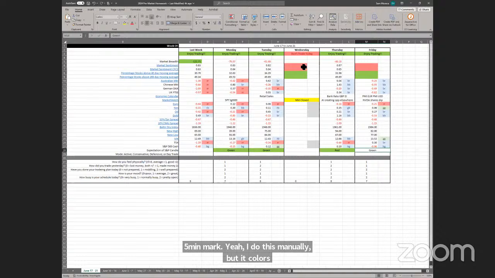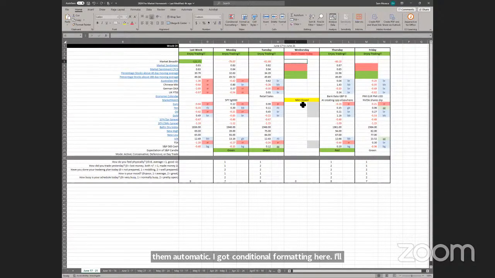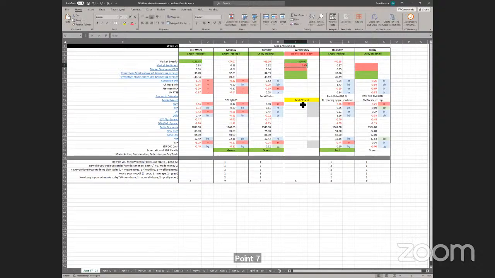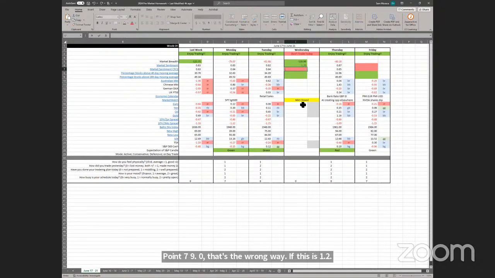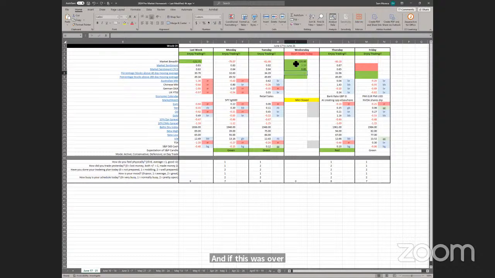I'll show you today. If it's Wednesday, if this was negative 120, it'll be green. And if sentiment is 1.2, and if this was over 0.85, that would give me an alignment.